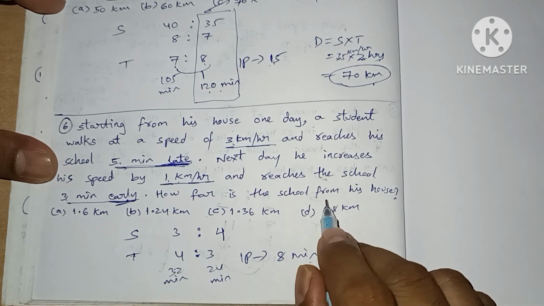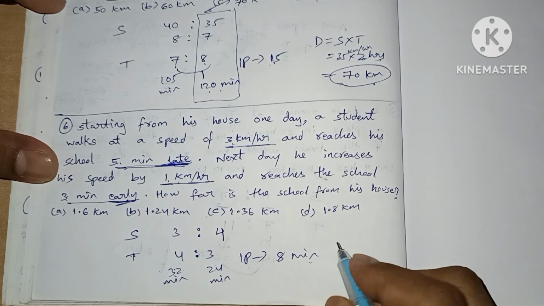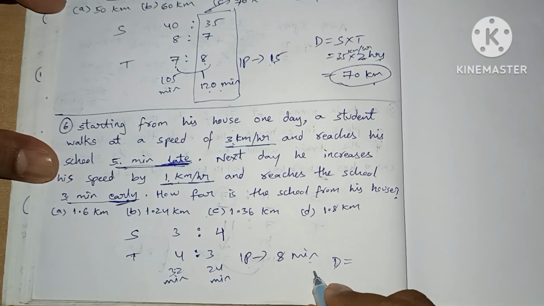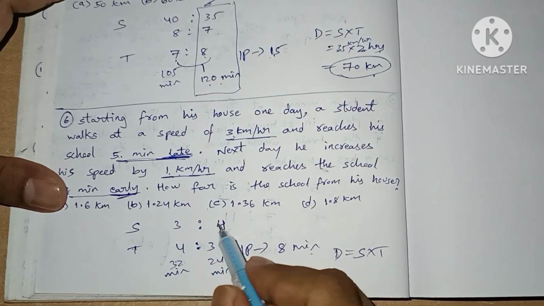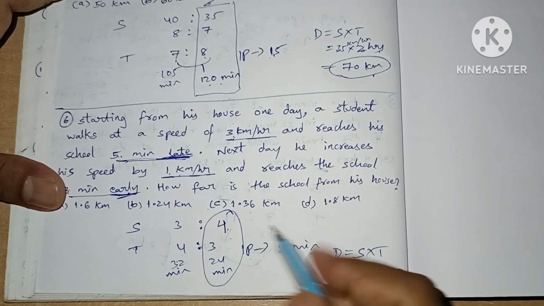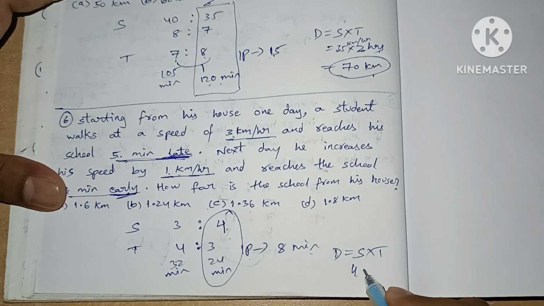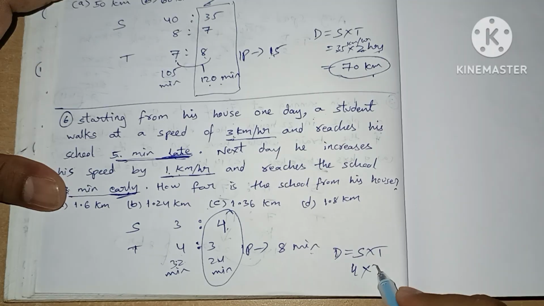How far the school is from his house is what is asked. So distance is asked. Distance is equal to speed into time. So speed, we will take one of these, 4 kilometers per hour, into time, which is 24.